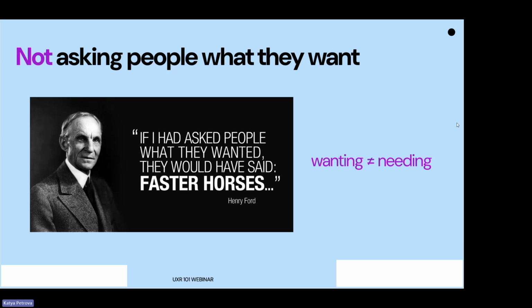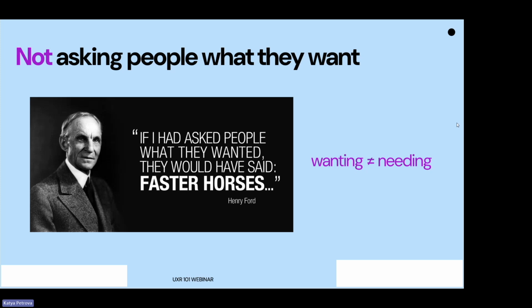So in UX research, we aim to understand what people need, not necessarily what they want, but without outright asking them what they need or what they want. Because people are not designers and they're not product strategists, unfortunately. So they can talk about their problems and their context and their frustrations and their pain points, but they can't really come up with solutions to their own problems.